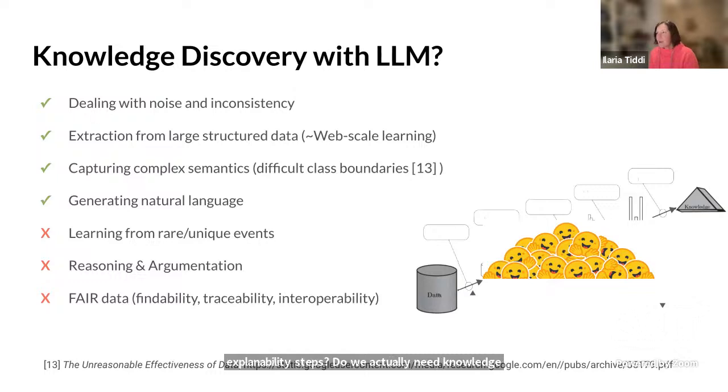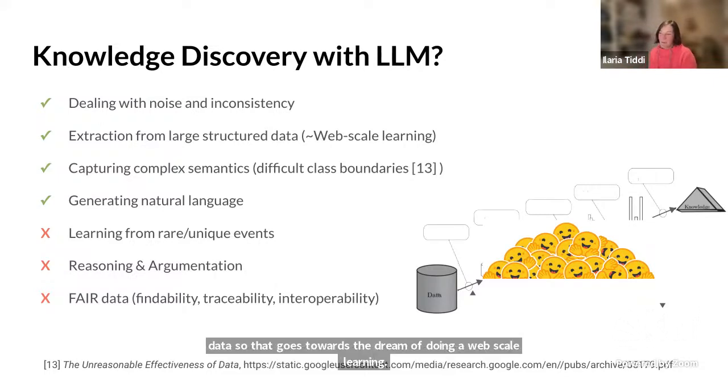And it's true that LLMs, language models, are very good at dealing with noise and inconsistency, and the methods that we had before were not that able. They allow us to extract information very quickly from large structured data. So that goes towards the dream of doing web-scale learning, or one could argue they already achieved that.